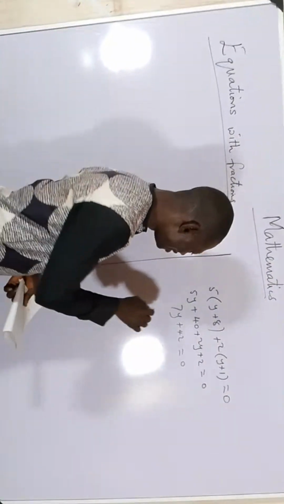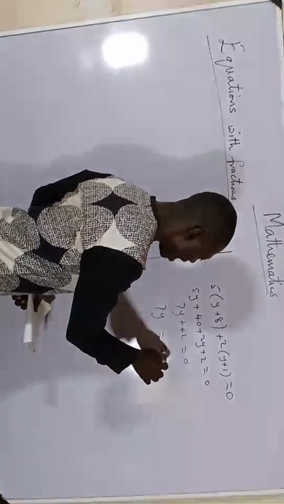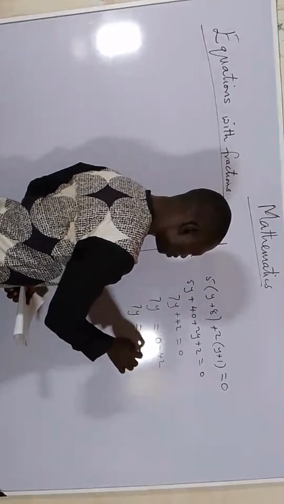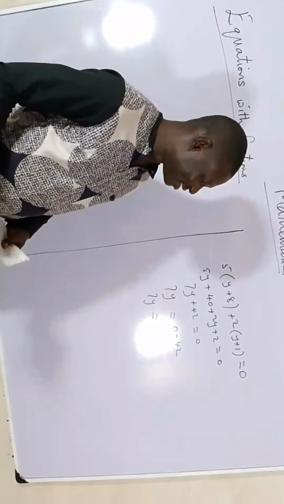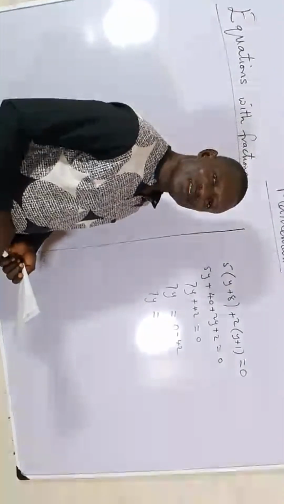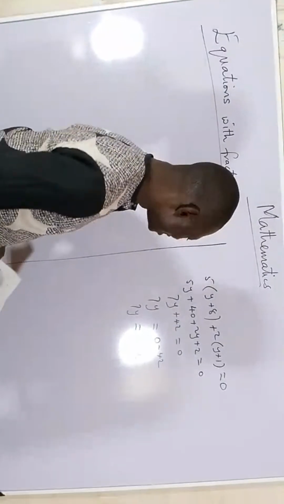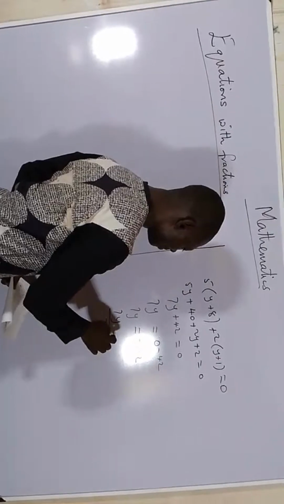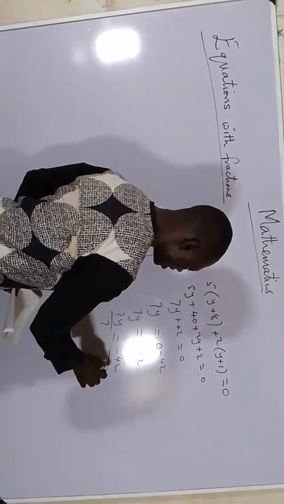And so we can have it as 7y is equal to 0 minus 42. And 7y is equal to minus 42 will become the correct collection of the like terms. And so when we have it this way, we are going to divide both sides by 7, the coefficient of y. 7y over 7 being equal to minus 42 over 7.